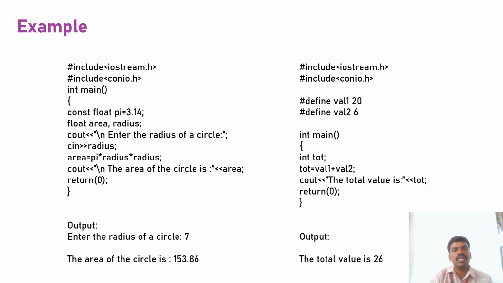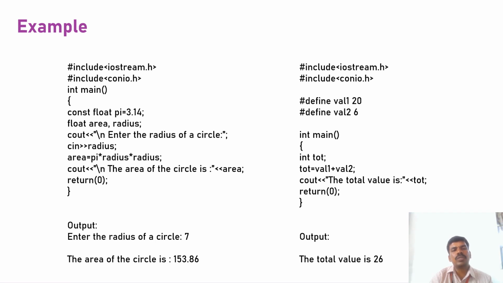For that we have declared variables of floating point data type, area and radius. Based on these two values, we calculate the area of the circle. The formula is area equals pi into radius into radius.